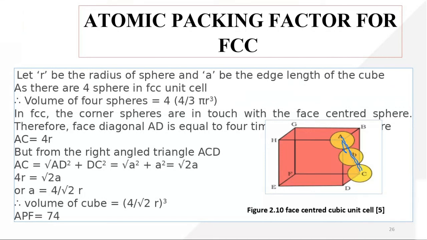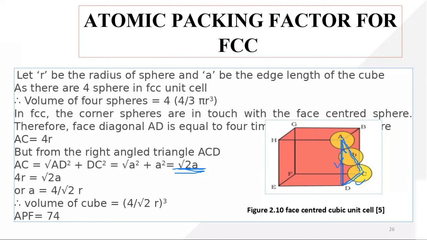If we want to find this value, we will take this triangle. This is the right angle triangle, and this is the perpendicular and the base. So we will calculate the hypotenuse then. Its value comes out to be square root 2 a using this triangle.